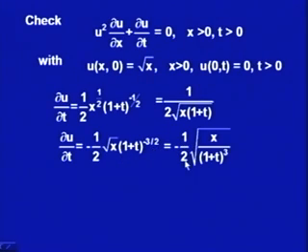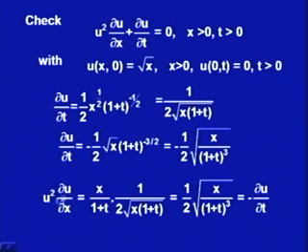Now, u is square root of x upon 1 + t, so u² ∂u/∂x is x upon 1 + t into 1 upon 2 times square root of x into (1 + t), which is the same as 1 upon 2 times square root of x times (1 + t) whole cube, which is the same as minus of ∂u/∂t. That means this satisfies the equation.